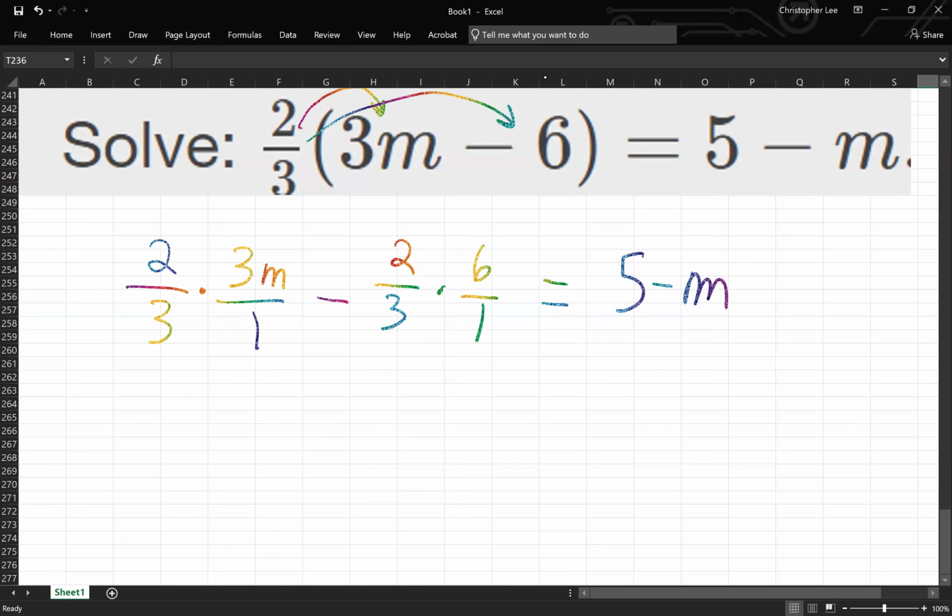So for the first term right here, tell me what to do. Right, so 3 goes into 3 once, 3 goes into 3m m times. What should I do after that? That was very good.